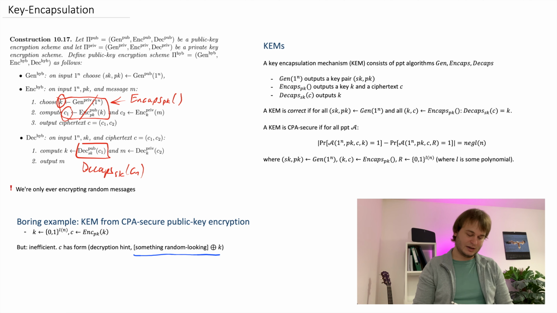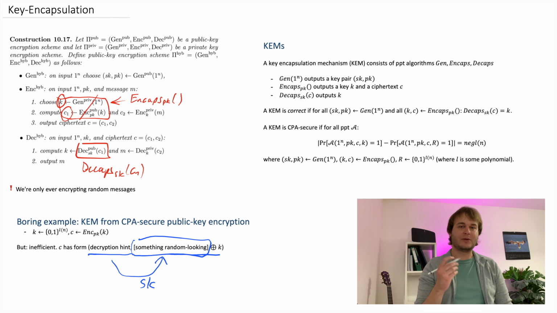And then they provide a decryption hint in the ciphertext, which basically allows you to recompute this something random looking here using the secret key. Now the big idea of KEMs is just the second part here. We are just XORing a randomly chosen K with something that's already random looking. So that's pretty much redundant. And so we can just get rid of this part.